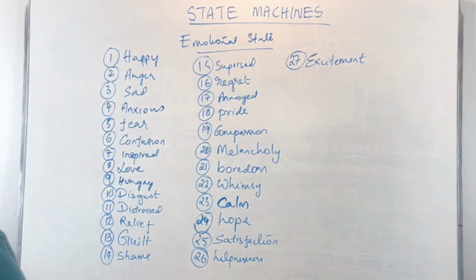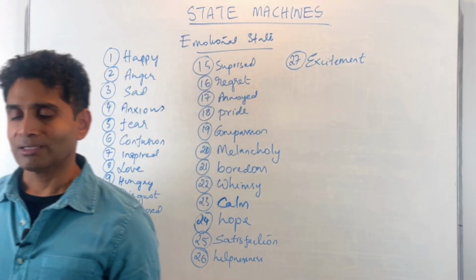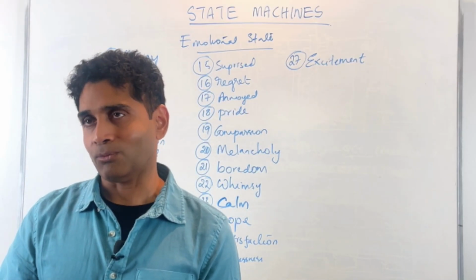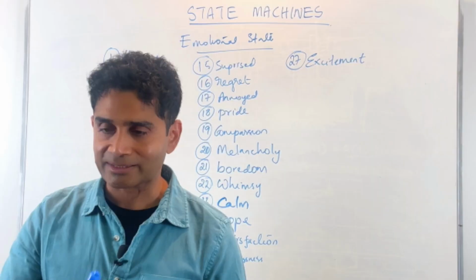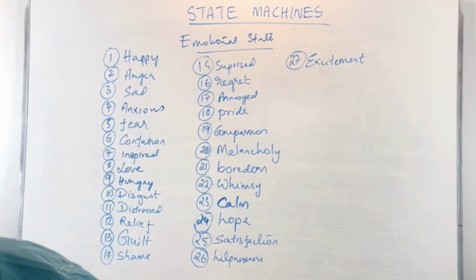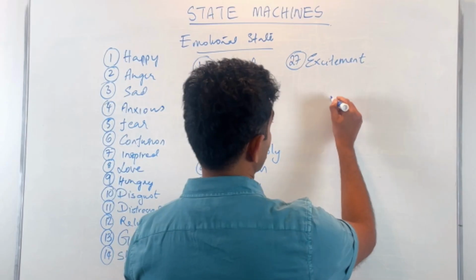Let me ask you this. Let's say I'm in a happy state. What is the thing that facilitates the state transitions, as in going from one state to the other? Outside change, okay, so outside influences, so that's one influence.